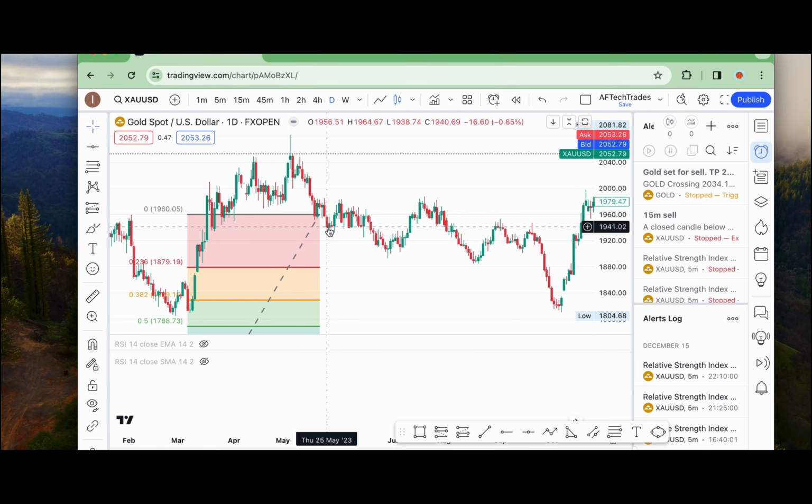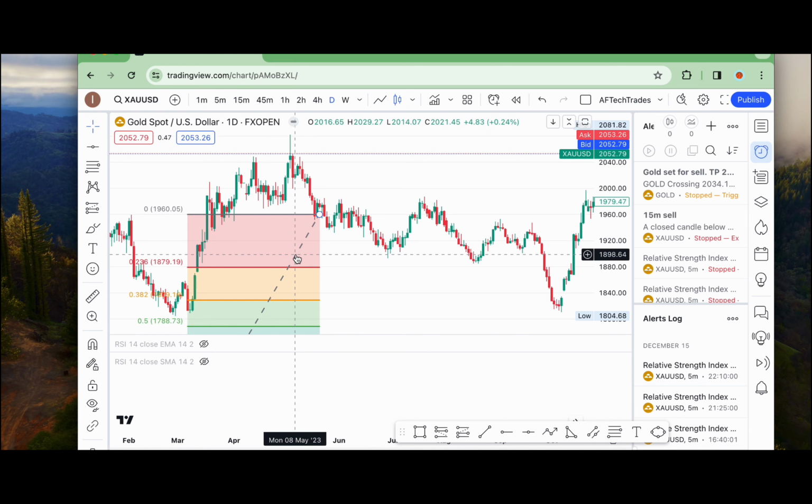So similarly, in the downtrend, what you do is you look at the immediate lower high and lower low, then place the Fibonacci retracement tool here. For example, in this run from here, I'll delete this.